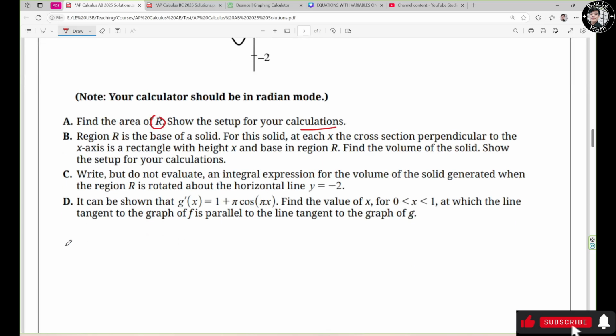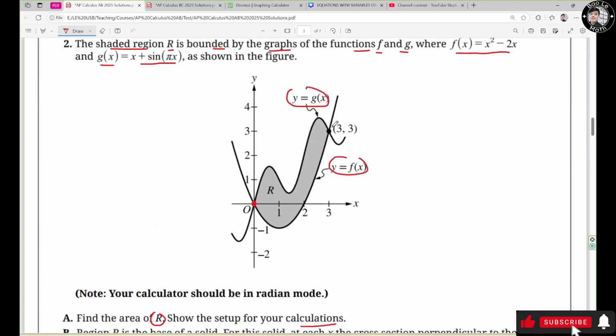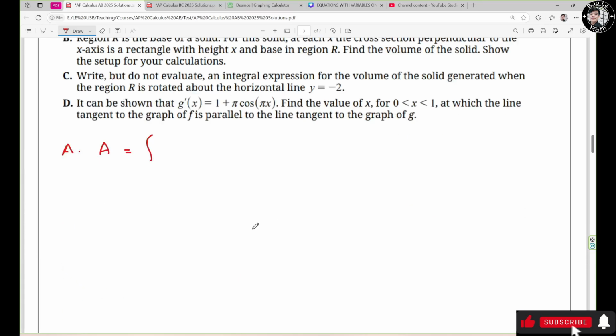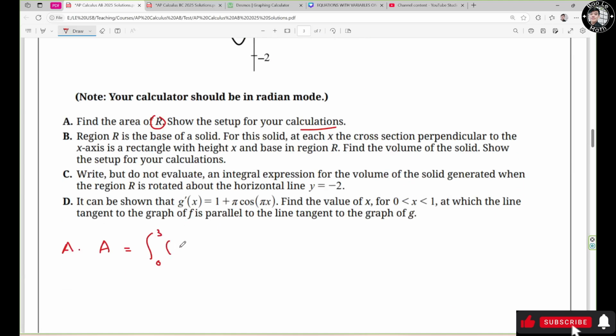Alright, so basically you have the area of the region equals the integral from 0 to 3, right? Now, since g of x is above f of x, it's going to be g of x subtract f of x, right?